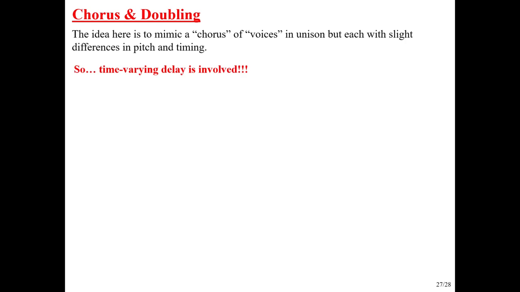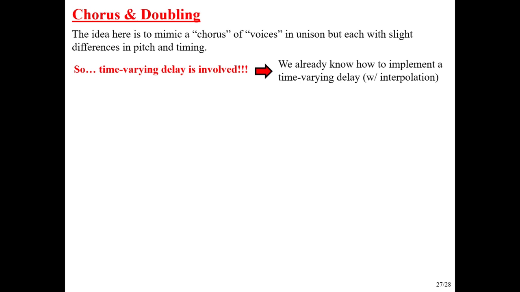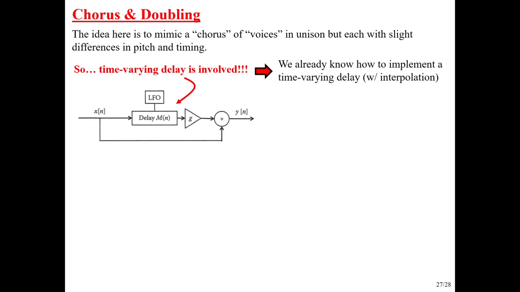And then he ultimately asked the engineers to just do that electronically, so he didn't have to try to do that. So time varying delay is going to be involved because we don't just want to move a fixed delay. We kind of want to have it just wander ever so slightly from the other version of the signal. So we already know how to do that. Time varying delay with interpolation. So that looks like the thing we've been looking at.